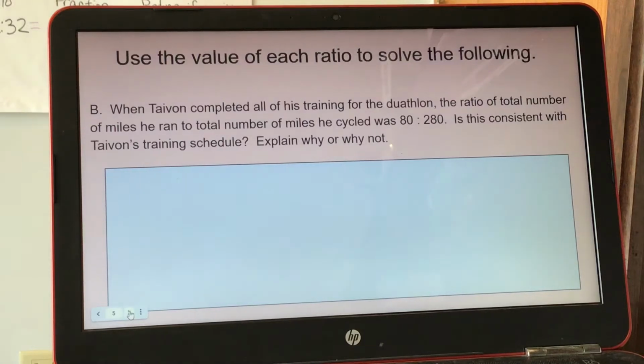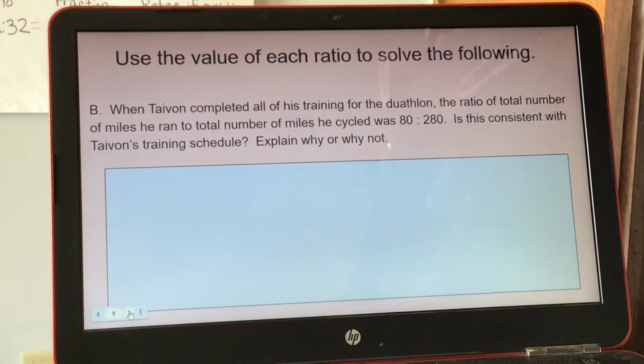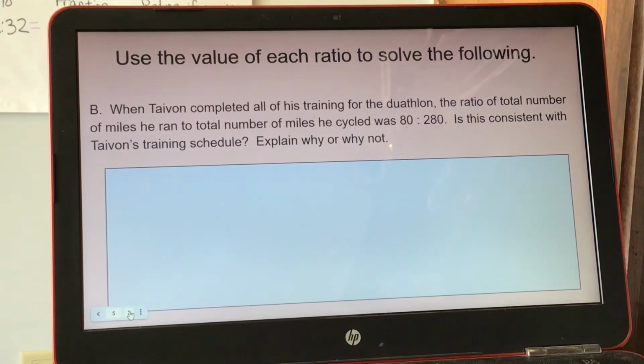Now, B says, when Taivon completed all of his training for the duathlon, the ratio of the total number of miles he ran to the total number of miles he cycled was 80 to 280. Is this consistent with Taivon's training schedule? Explain why or why not. Okay, so we can divide 80 by 40.